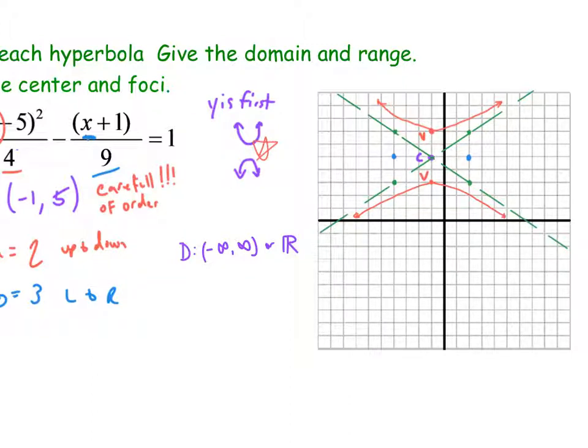And then the range. As I look at the bottom of this, I see there's an arrow pointing down, so that's going to go down forever, but then it stops here at 3. So from negative infinity to 3, bracket, and then starts up again at 7, and then goes up forever.